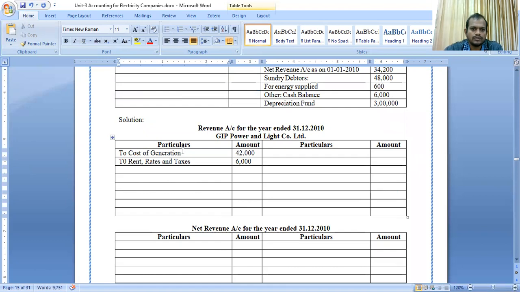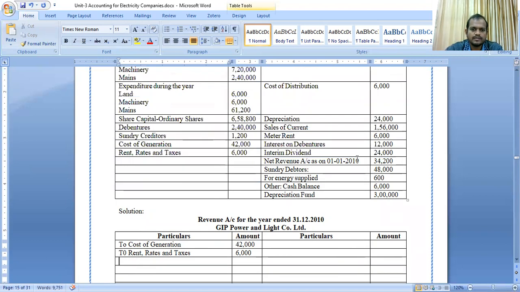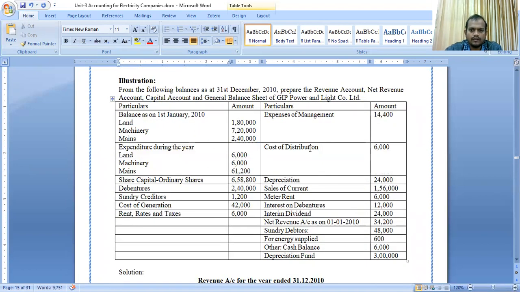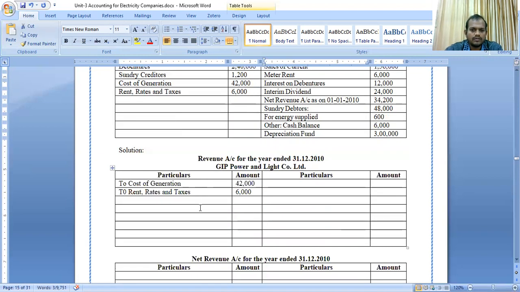To cost of generation 42,000, to rent, rates and taxes 6,000. Another one, expenses of management 14,400.